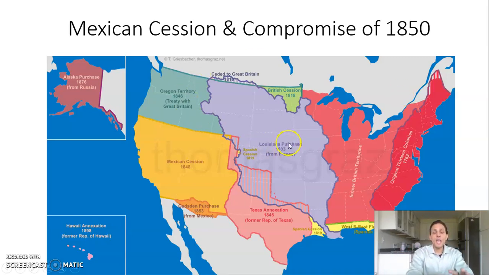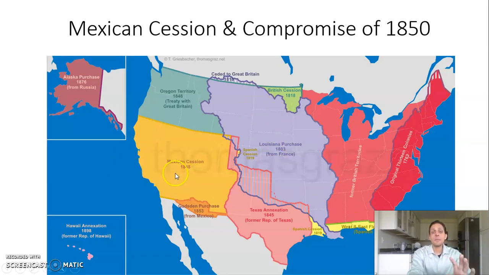Now, as time goes on into the 1800s, increasingly Northerners want to try and keep slavery out of these new territories. And for a lot of them, it's not because of moral outrage over slavery. A lot of it has to do with political power. And so you have this Free Soil movement that's growing, and you see that reflected in proposals that are made when states want to come into the Union. So you saw that in the Louisiana Purchase with the Tallmadge Amendment trying to ban slavery completely in this new territory.